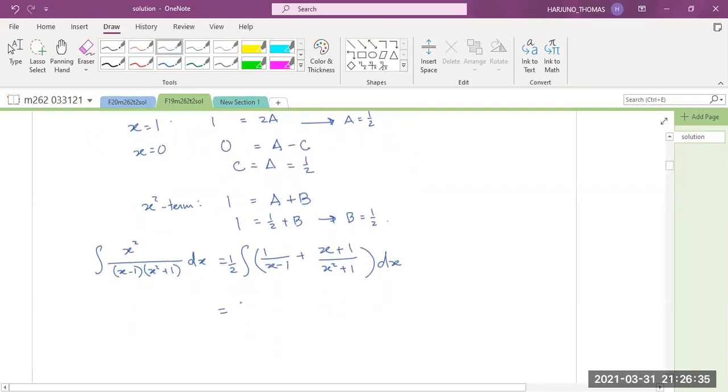Okay, so this is equal to 1/2 times natural log of absolute value of x minus 1 plus 1/2 natural log of absolute value of x squared plus 1 plus tangent inverse of x plus a constant.